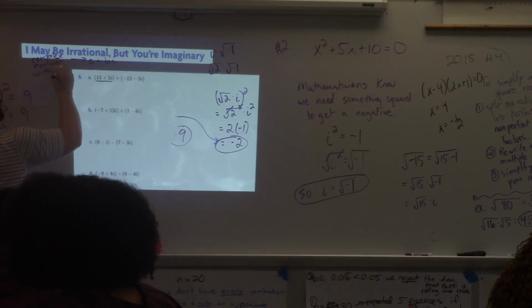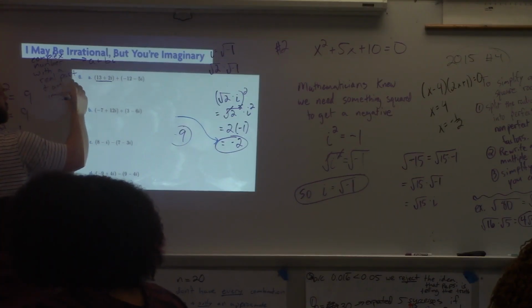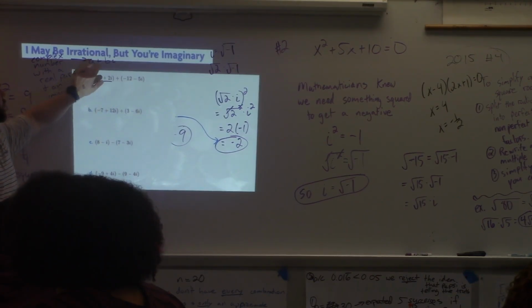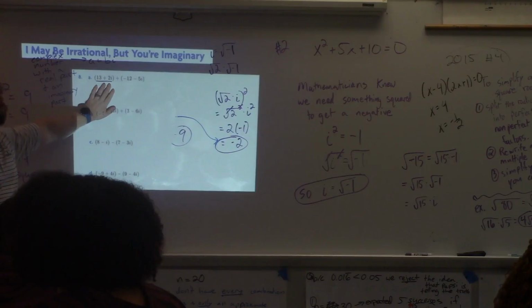with a real part and an imaginary part. Anyone want to take a guess what the real part of 13 plus 2i is? 13. Listen, a plus bi, 13 plus 2i, what part of that is the real part?